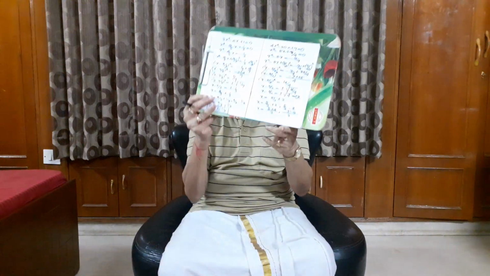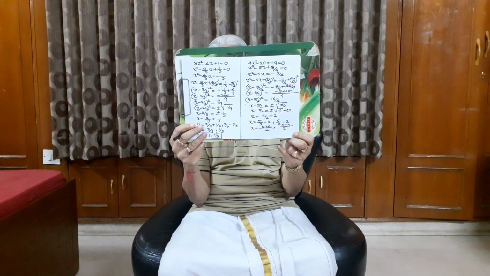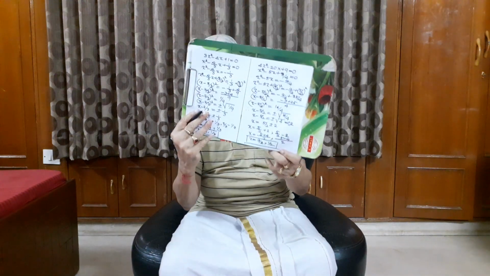Same thing, but it is 5 minus 4, 5 minus 4 by 2, because it is minus. Then simplify it further. Therefore, x will be equal to 9 by 2 is one root. That is 5 minus 4 is 1 by 2 is another root. They are the two roots of the equation. x is equal to 9 by 2 or x is equal to half.